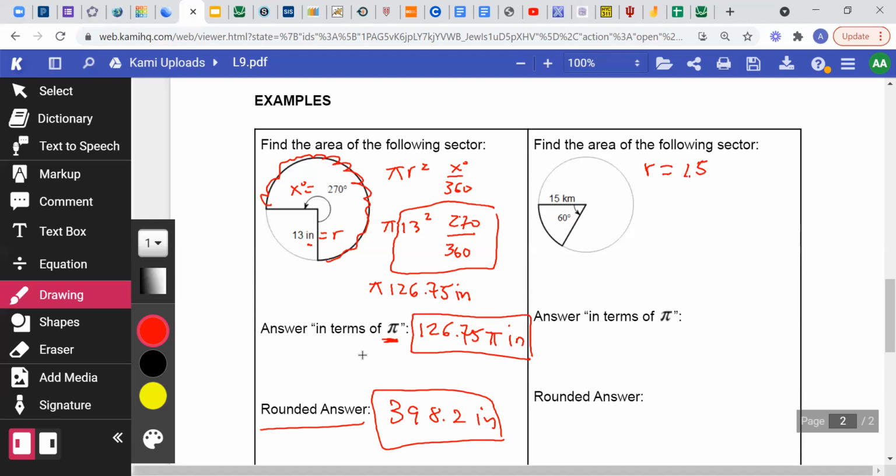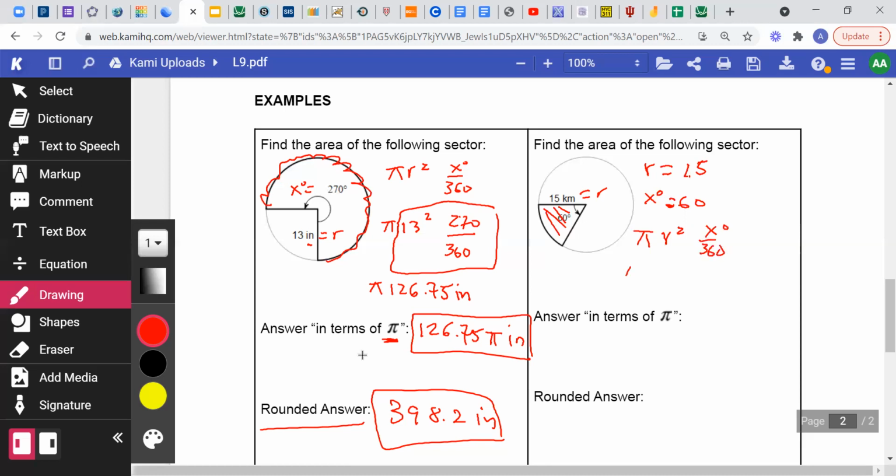Okay, this is R. And what is X naught? 60. Okay. And then we want to find the area of this piece. And we know area to be pi times the radius squared times X naught over 360.